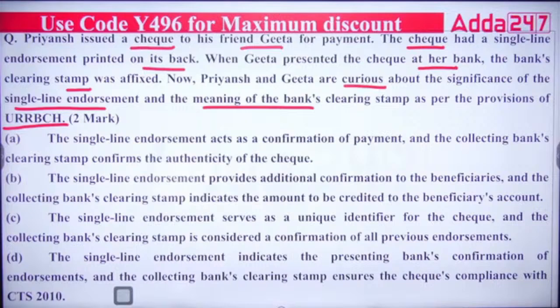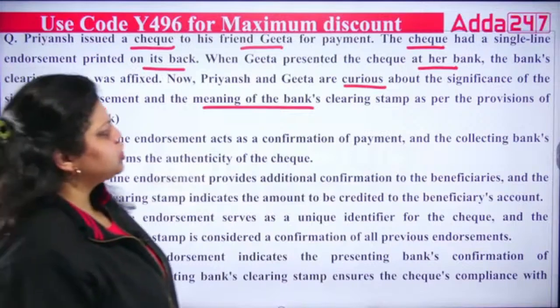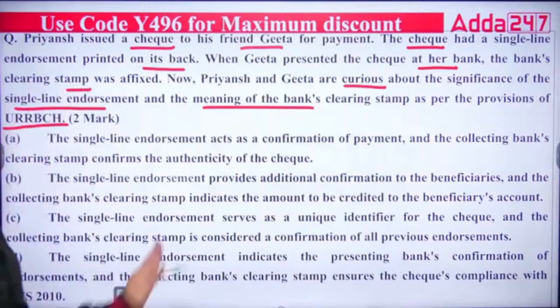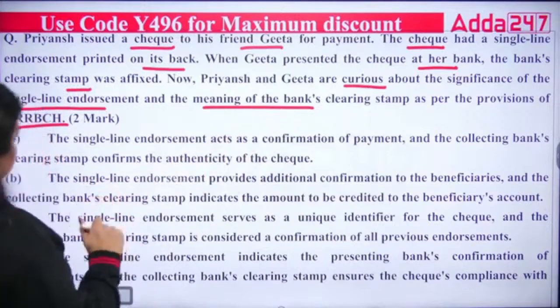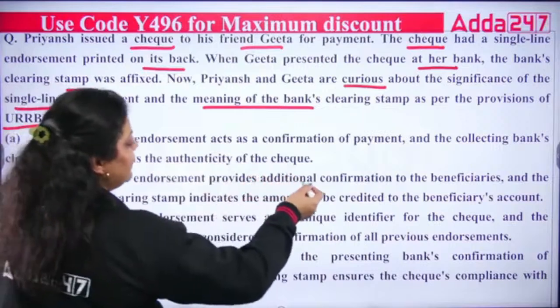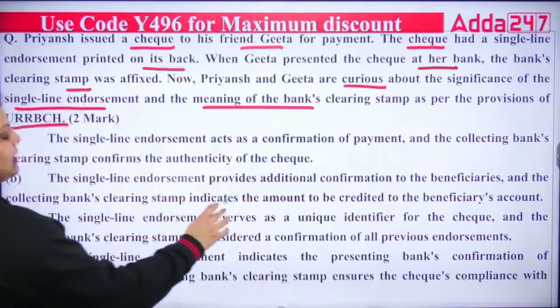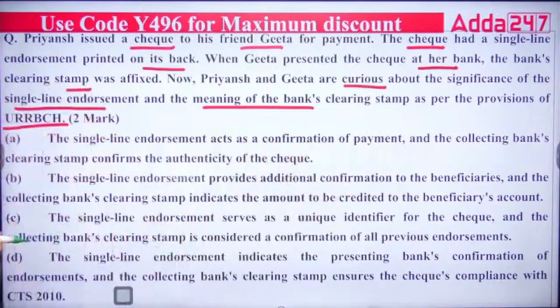Let me know what is the actual situation of the single line endorsement. So first is saying the single line endorsement acts as a confirmation of payment and the collecting bank's clearing stamp confirms the authenticity of the check. Second is saying the single line endorsement provides additional confirmation to the beneficiary and the collecting bank's clearing stamp indicates the amount to be credited to the beneficiary's account.